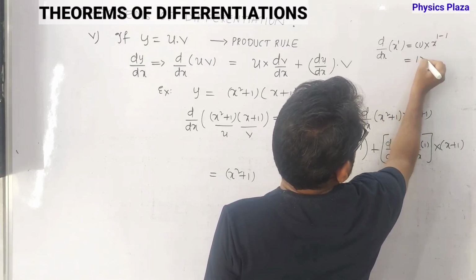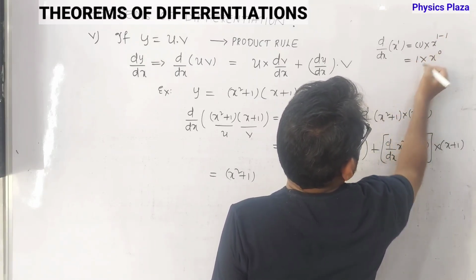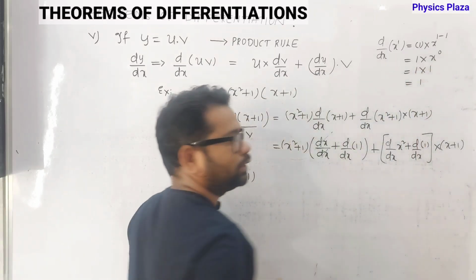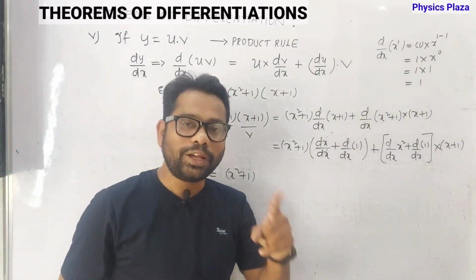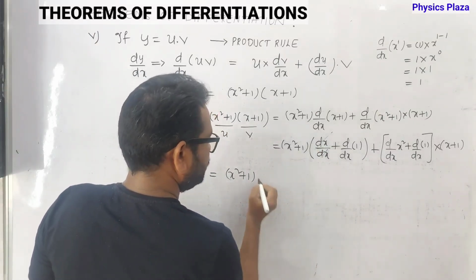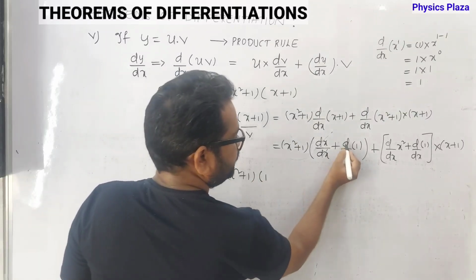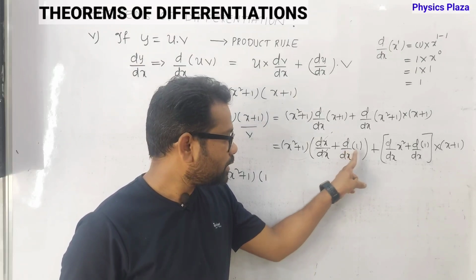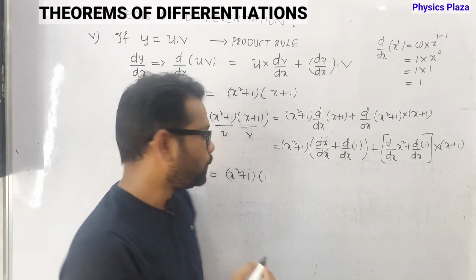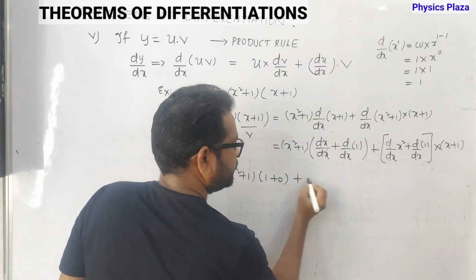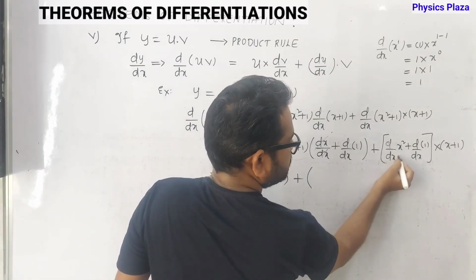So this is going to be 1 into x power 0. X power 0 value is how much, children? 1. So this is going to be 1. This is how we have to apply the concept. Okay, now fine. So here dx by dx value will be 1 only, and d by dx of 1, children, differential coefficient of an isolated constant is 0, that is plus 0, and plus d by dx of x square.